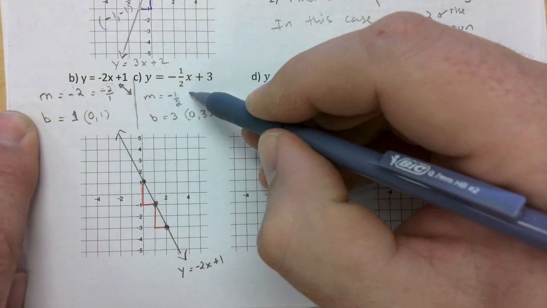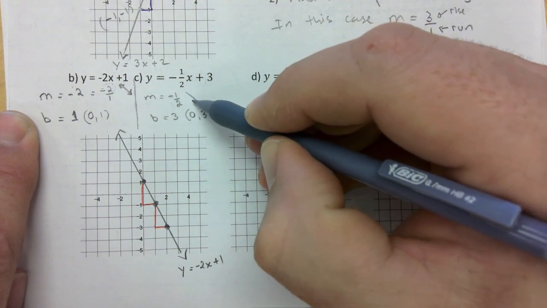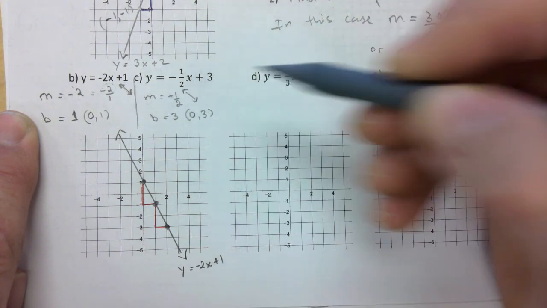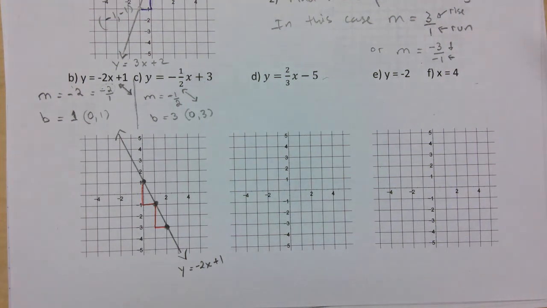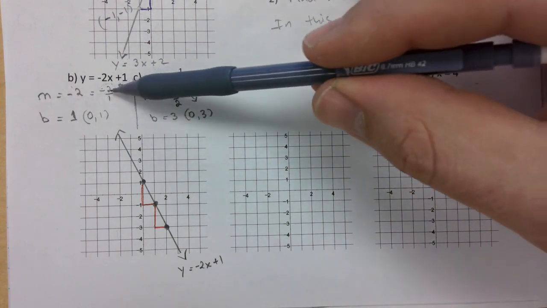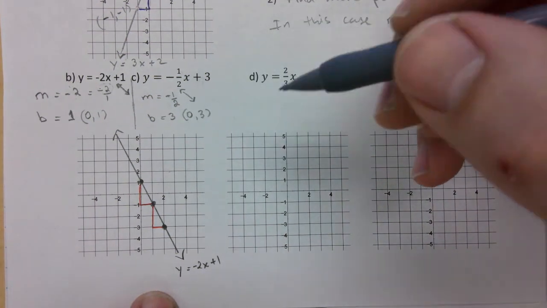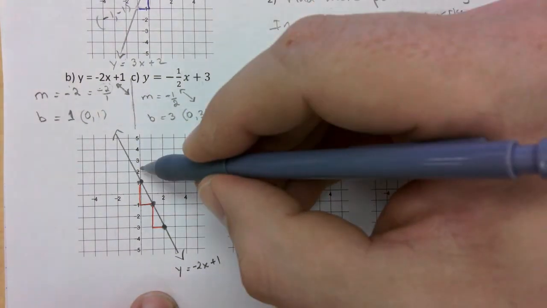I'm also going to already make the observation that because this line is negative, I expect it to go down. Is it going to be steeper or less steep compared to this one? Shallower? Well, let's see by observation. We're going to graph them on the same grid so we can tell. Okay. So 0, 3 is right here.